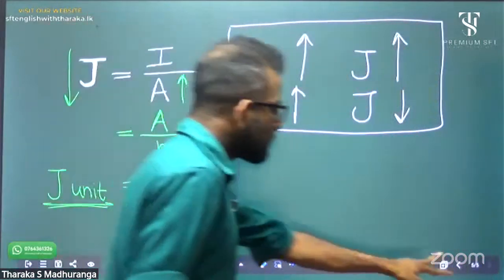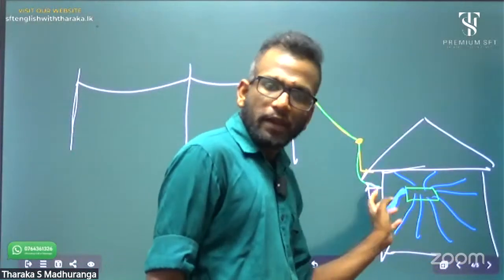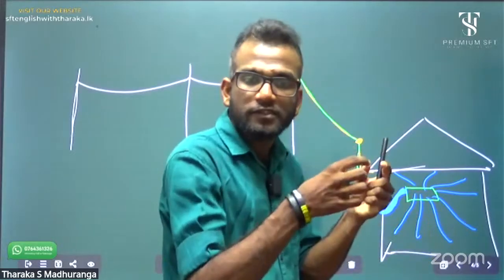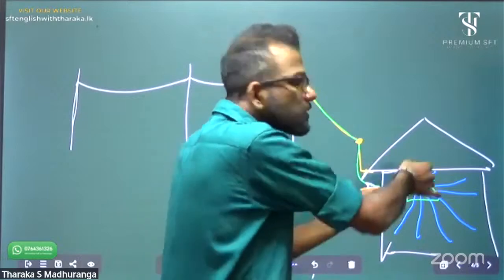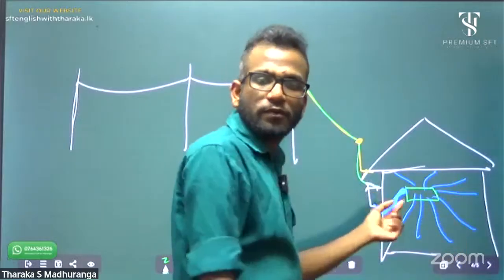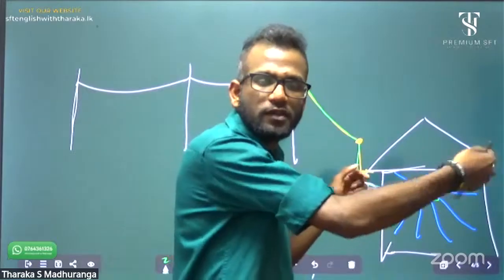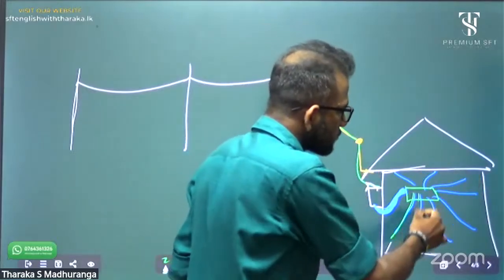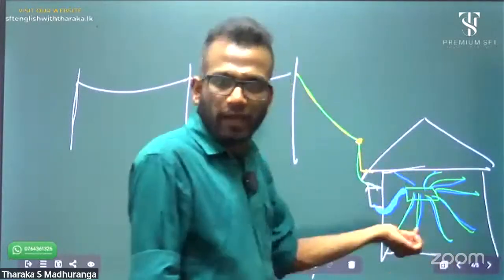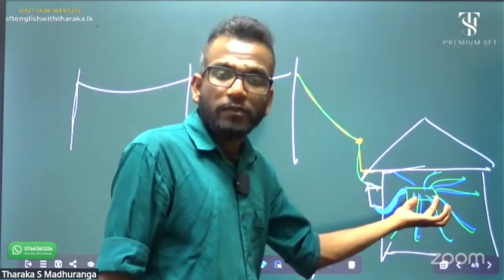Now, in our previous example, the meter panel to dividing panel conductor is very thick. What is the reason? The full current is flowing up to this point. Then in the divider, it's divided into 10 ampere and 15 ampere plugs and bulbs, controlled by the fuse box.